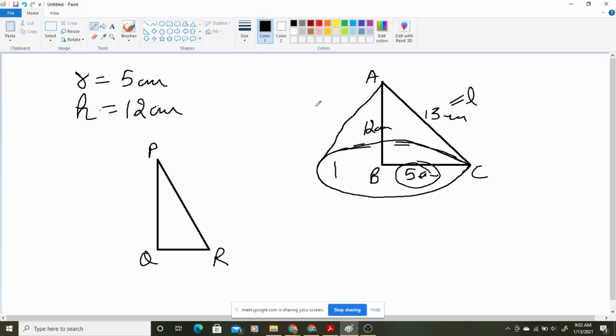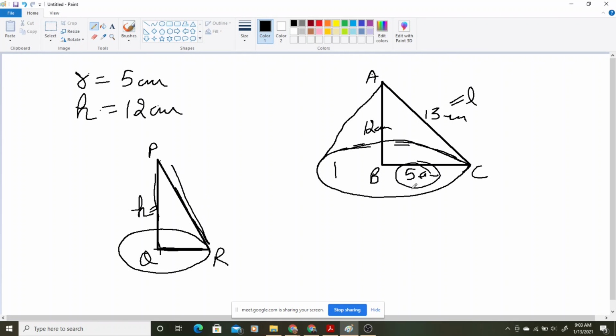When we rotate a compass, we fix this one, which works as the height of the cone. Then this rotates and forms a circle, so this side forms the radius, and this one will be the slant height.